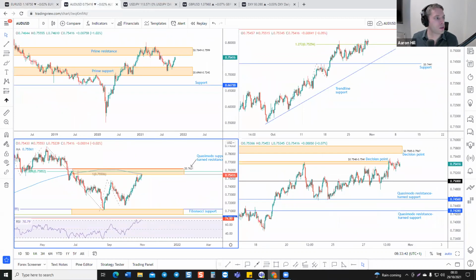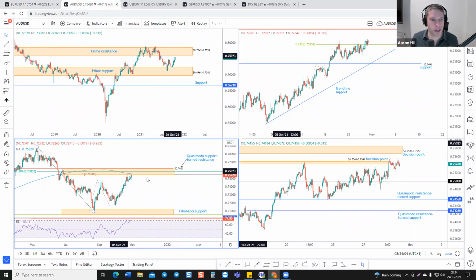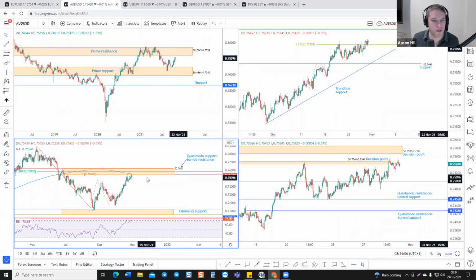Right, switching over to the Aussie US dollar. We still have scope to move higher on the weekly time frame, targeting prime resistance at 78.49, 75.99. Interestingly, we are now hitting resistance on the daily time frame, and that is made up of 76.21, 75.51. This is a combination of a Quasimodo support turned resistance, a 200-day simple moving average, which is currently trading at 75.56.